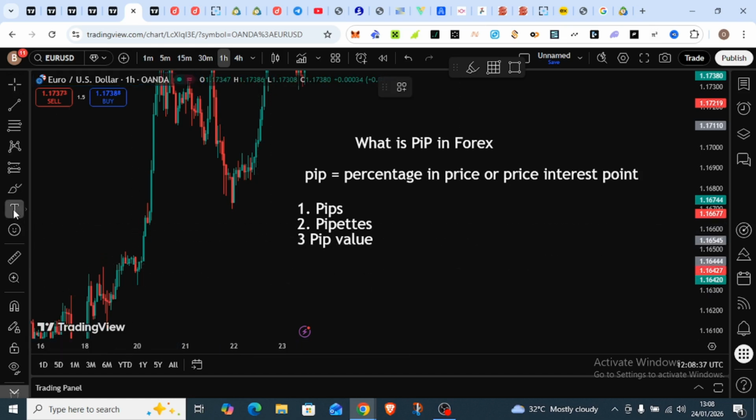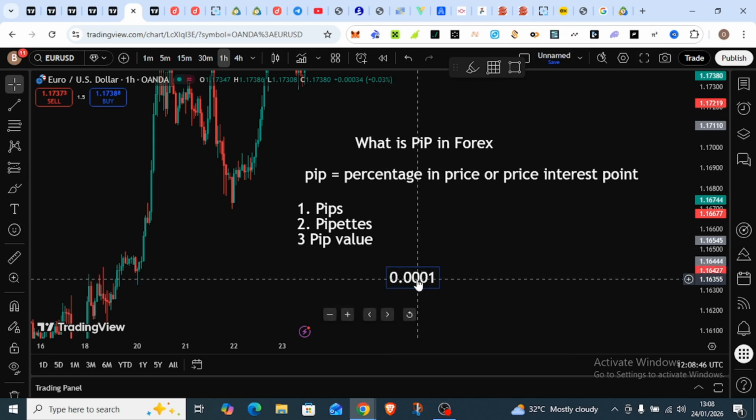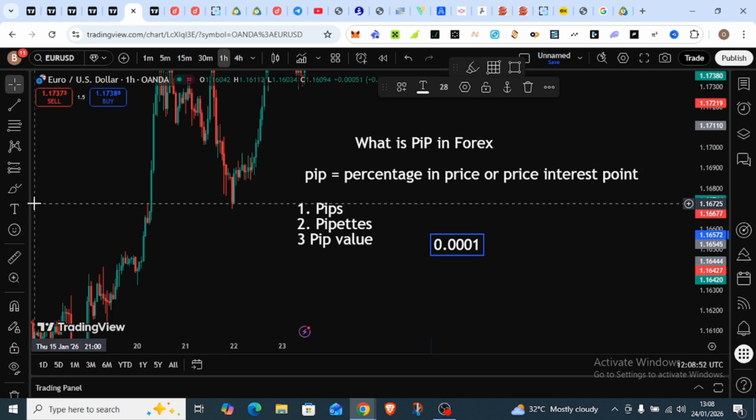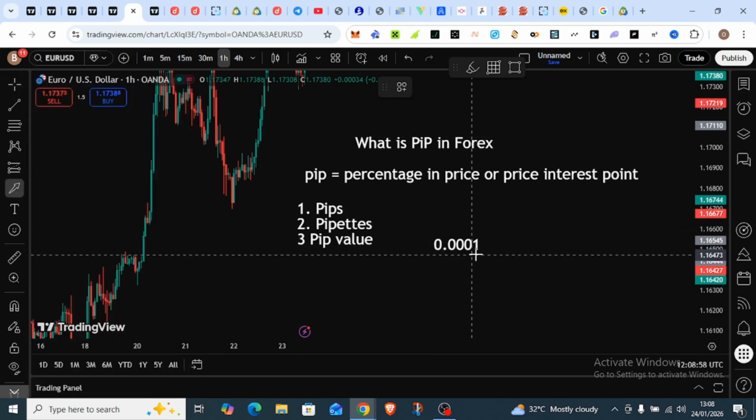If we have 0.0001, the pip is the fourth decimal, which is indicated as 1 here. Let's carry this arrow and map it.